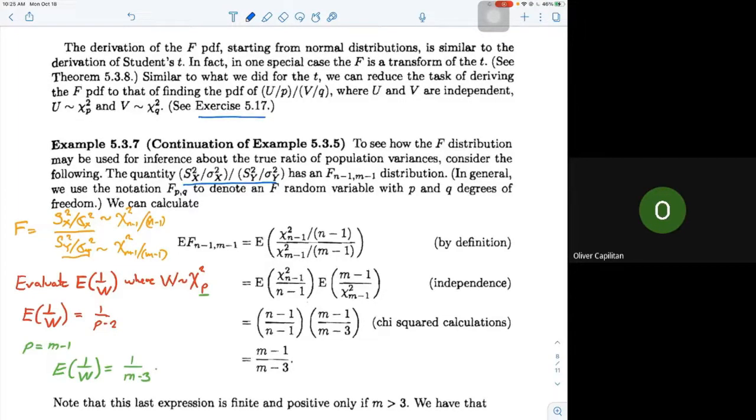So if we have this distribution, we can now calculate the mean of this random variable, the expectation of F, having an F distribution with n minus 1, m minus 1 degrees of freedom.